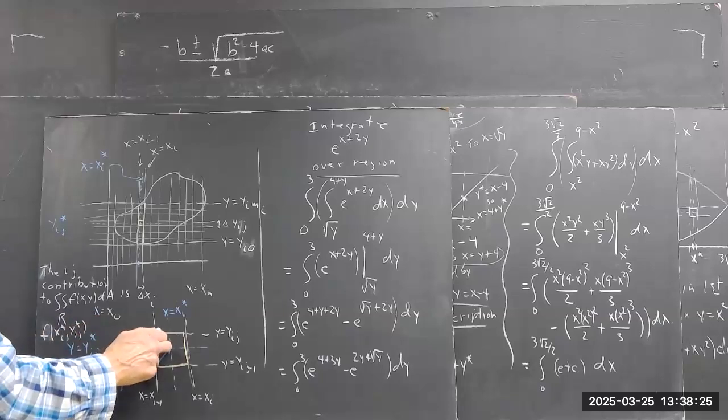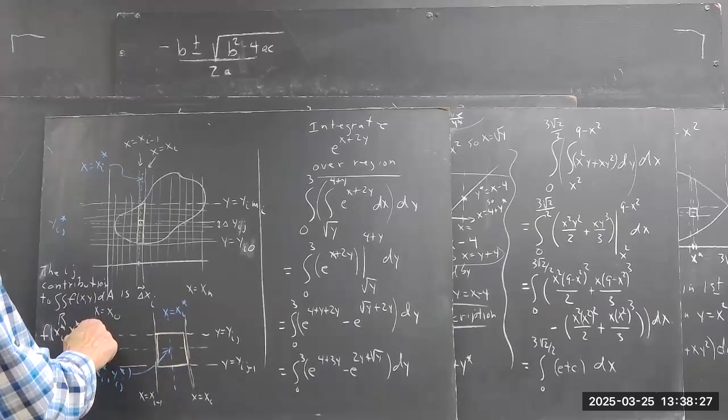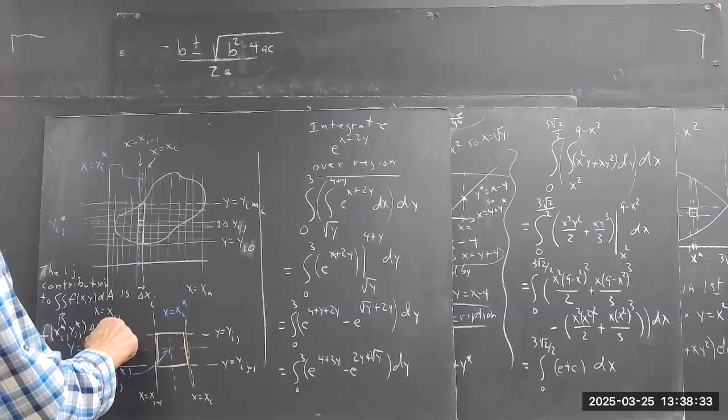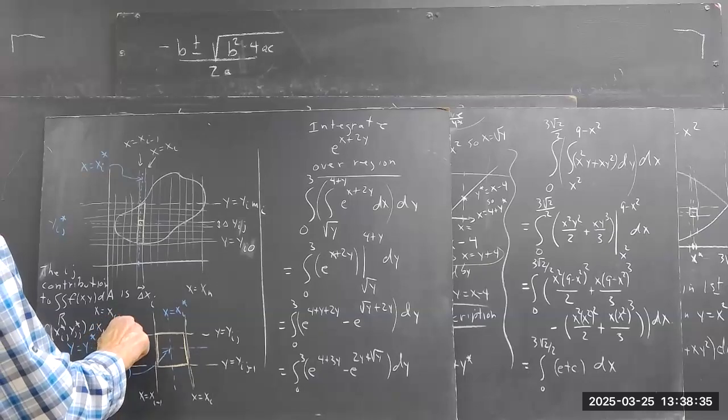Now evaluate the function at this point, times delta xi, that's delta yij.